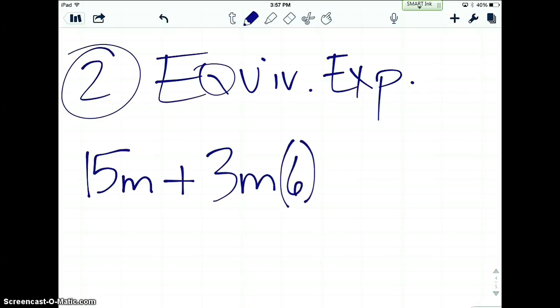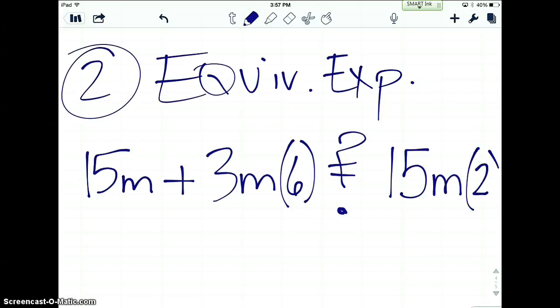And I want to know, is that equivalent to the expression 15m(2)? There we go. And I want you to prove it.